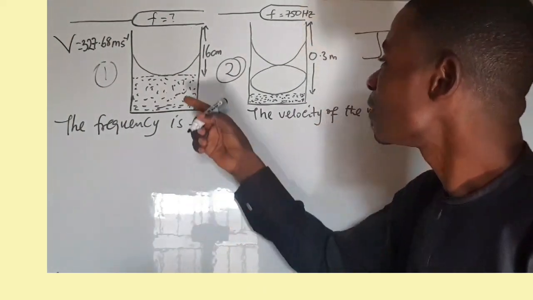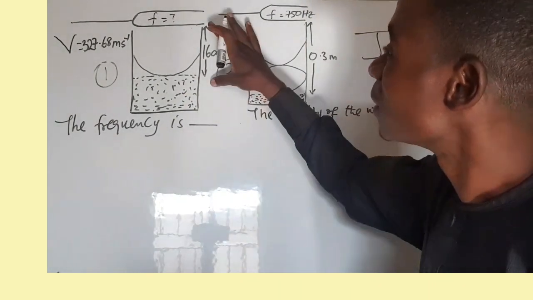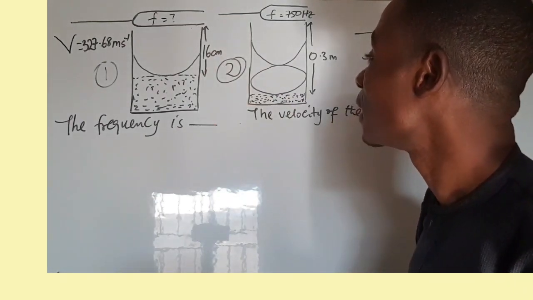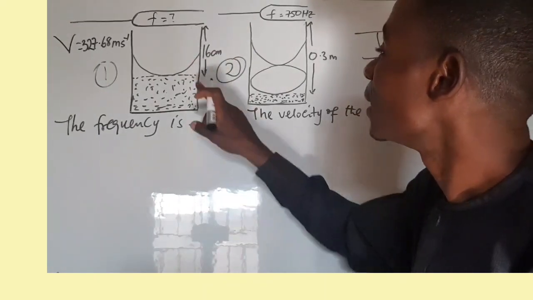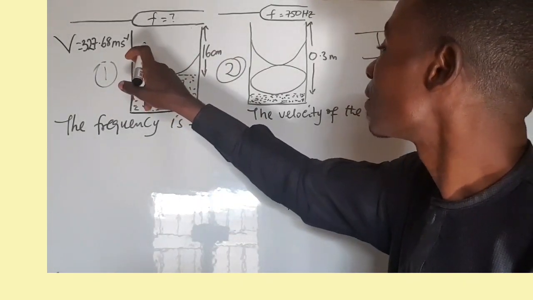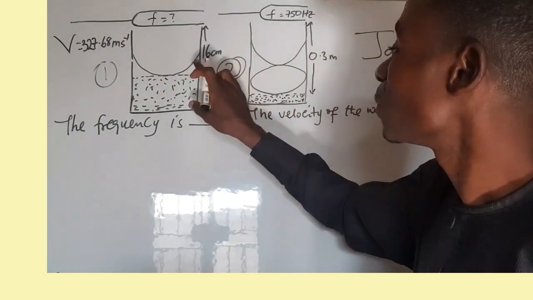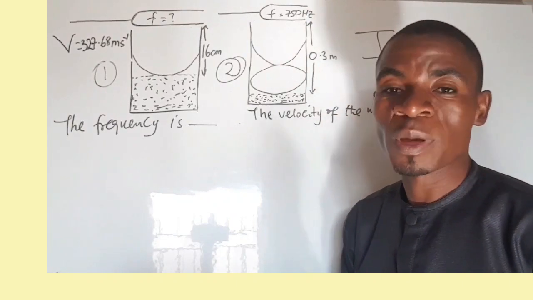This is the fundamental frequency that we are looking for, because from this pipe you find out that this is only 1/4. The line here shows only 1/4, as the rule we use when we are proving it.